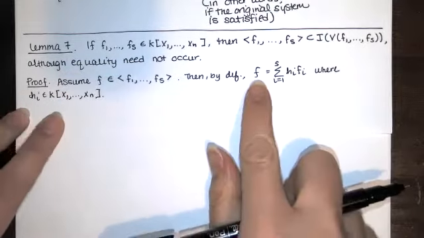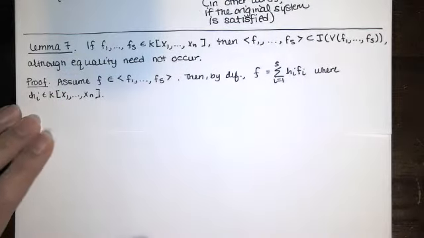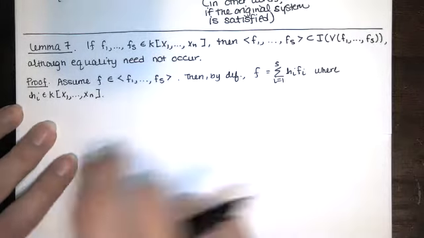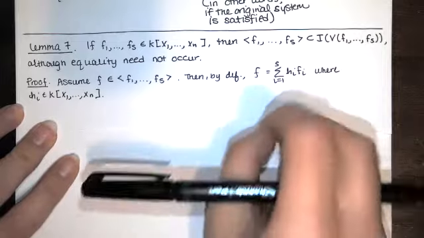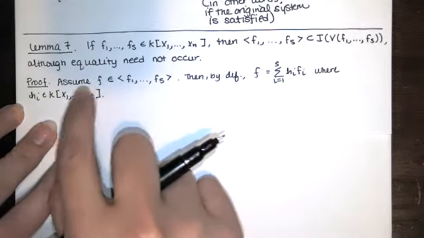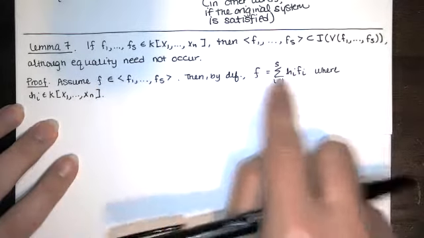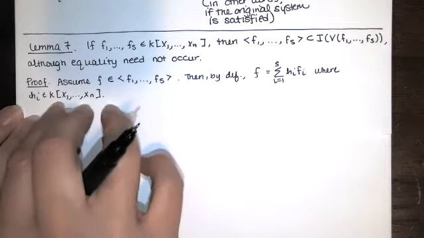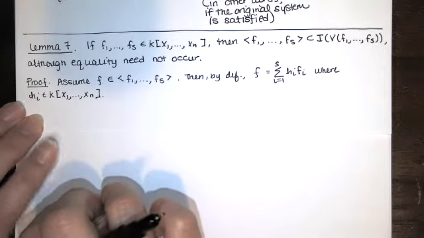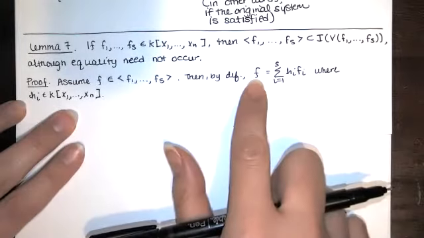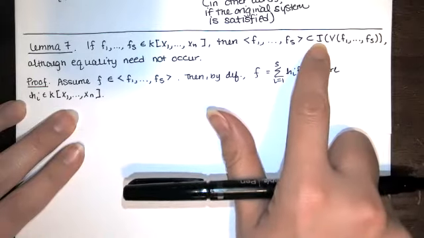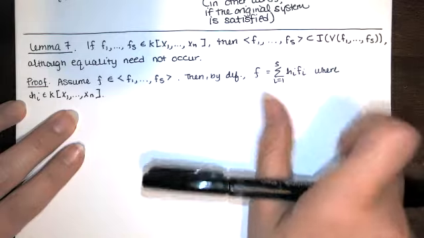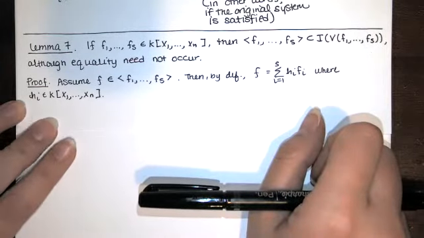Well, actually, for a particular f, they're going to be specific polynomials in our polynomial ring. So we said if f is in this set, then by definition, it can be written this way, where the h sub i are given or specified polynomials in the ring. Now we want to show that this has to belong to the ideal of the variety defined by f sub 1 through f sub s.